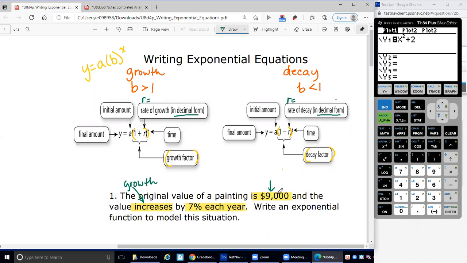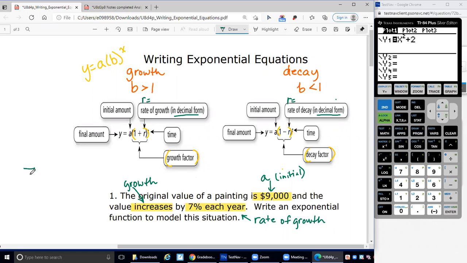This right here is probably my initial amount, A. And this right here is going to be my rate of growth. Now we got to make that into a decimal, right?